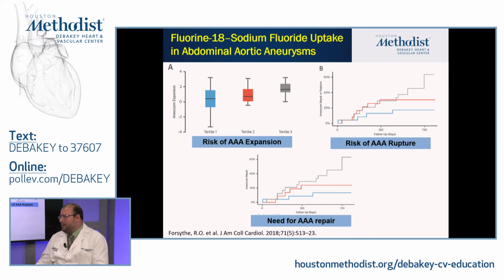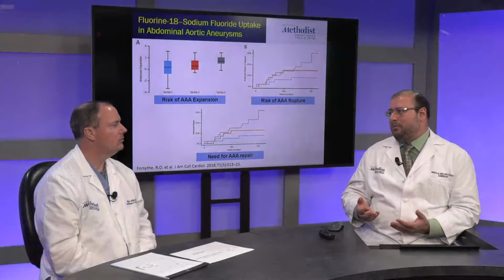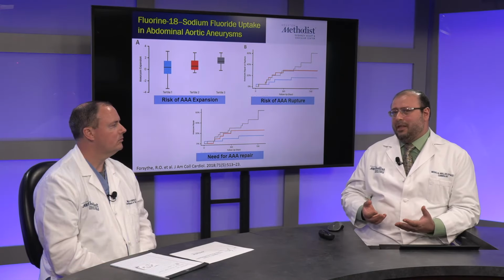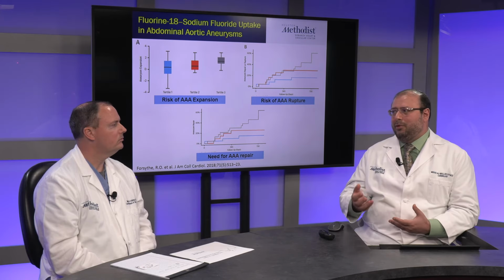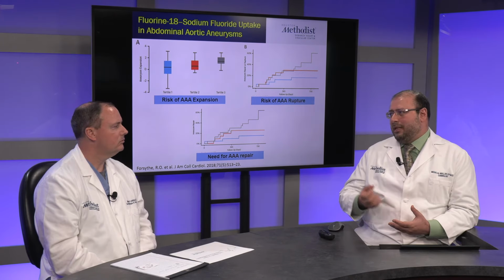Obviously, we have only one study, and we're not going to change guidelines based on one study. We need more confirmation from different centers and need to look at the variability. But at least we have a good sign that we may be able to determine, in the vascular lab, when you see a patient with an aneurysm of 4.5, if this kind of algorithm turns out to be true, maybe in a few years' time we will say, let's get a PET CT.